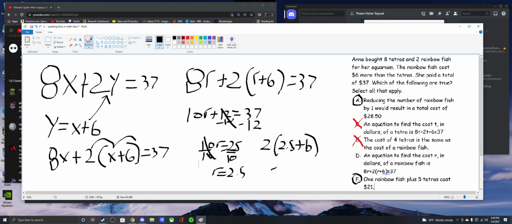So this gets us 5 plus 12 to 17. And we know 8 times 2.5 is 20. So we just add plus 20. This gets us 37. So while, yes, you can use D to find the cost of rainbow fish, in the context of what just the multiple choice question gives you, I'm not sure I would circle this on a test.